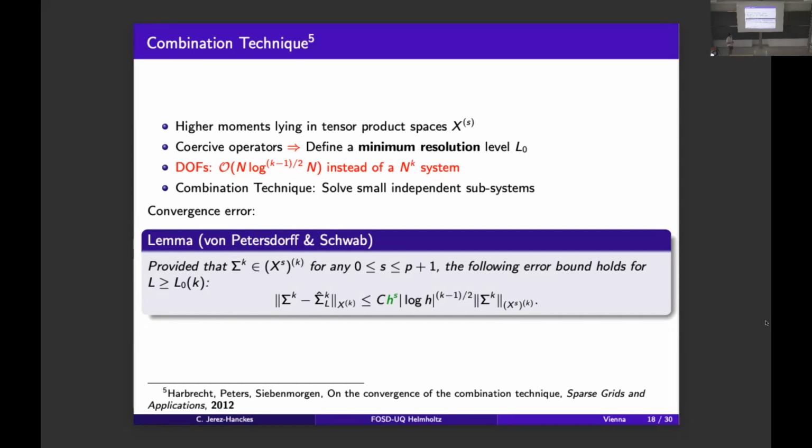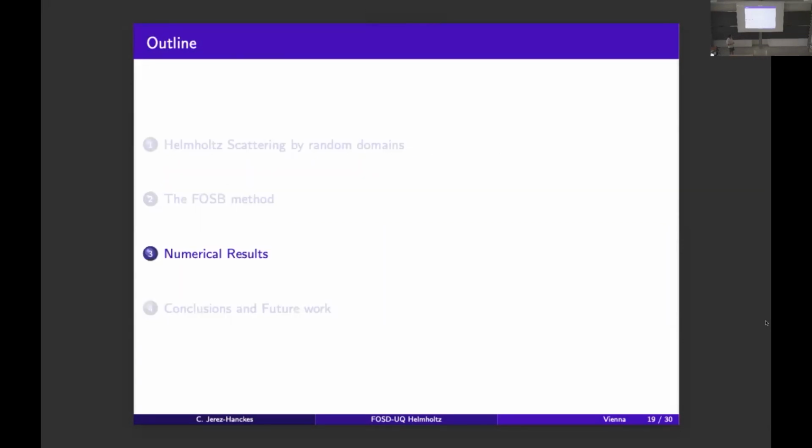Of course, this is a smaller factor in the convergence, but it certainly helps on the numeric side. Now, how do we solve this numerically?